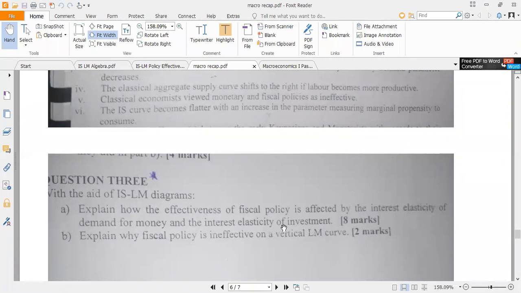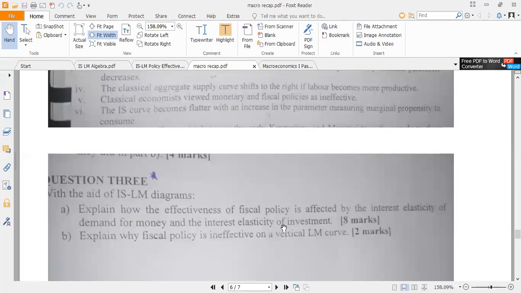And whenever the crowding out is large, it makes the fiscal policy ineffective. Okay. So when money demand is interest sensitive, the fiscal policy will be more effective. If money demand is less sensitive, it will make the fiscal policy less effective. I hope we get the picture.